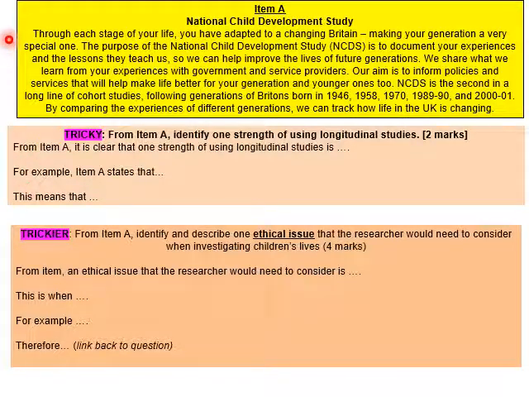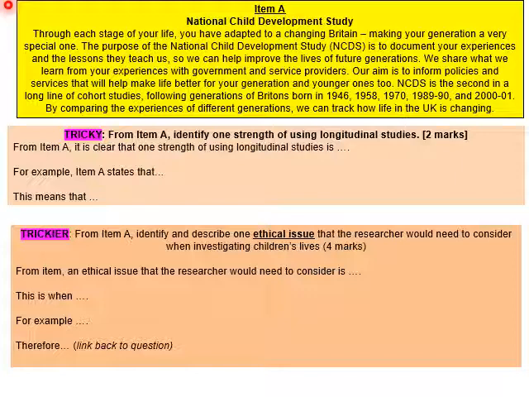So let's read this together. Item A. National Child Development Study. Through each stage of your life, you have adapted to a changing Britain, making your generation a very special one. The purpose of the National Child Development Study, also known as NCDS, is to document your experiences and the lessons they teach us so we can help improve the lives of future generations. We share what we learn from your experiences with the government and service providers.